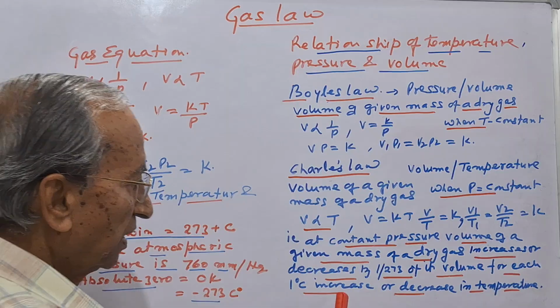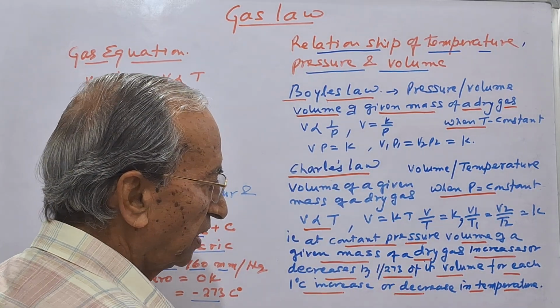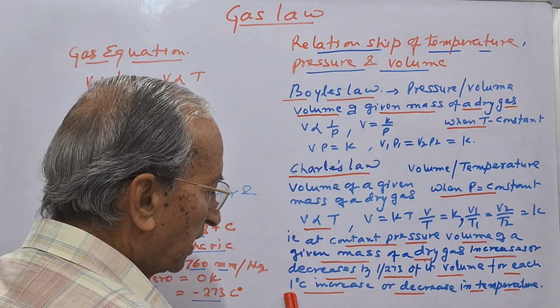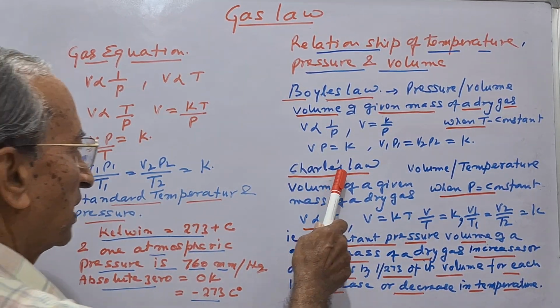So the point is that the decrease or increase in the volume is 1 upon 273 of its volume with an increase or decrease of 1 degree centigrade. This is known as Charles law.